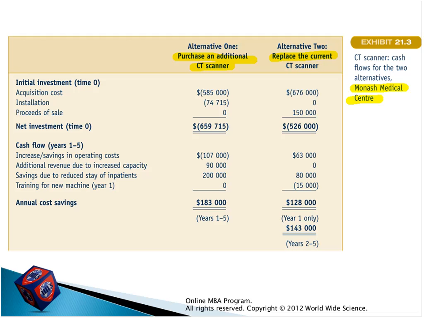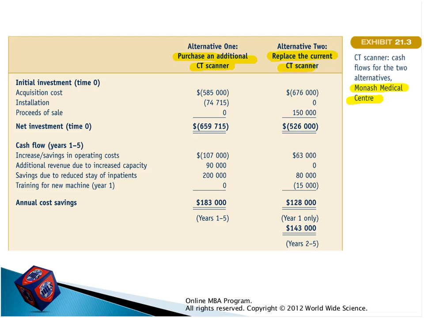Replace means to buy a new one, which could be more modern than the previous one. I hope you know what a CT scanner is. In medical centers, if you would like to see our bones, we can see them through the CT scanner, like a scan of our bones, right?